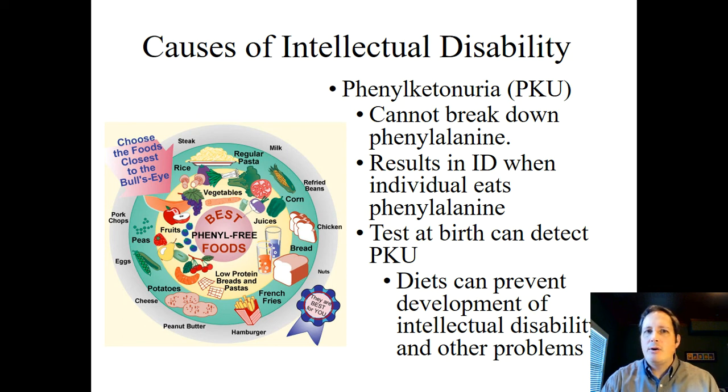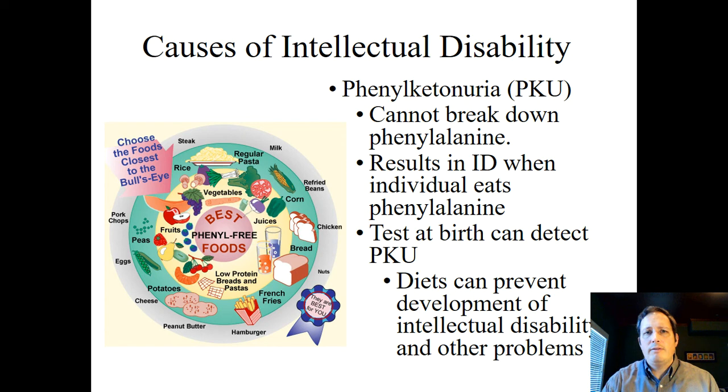So basically, they don't have the metabolism to break down this component, which is found in a lot of the food that we eat. If you don't diagnose somebody at birth with PKU, then they may start eating this food. They can't process the phenylalanine. It starts to build up in the system, and then the system can start to shut down and result in intellectual disabilities.